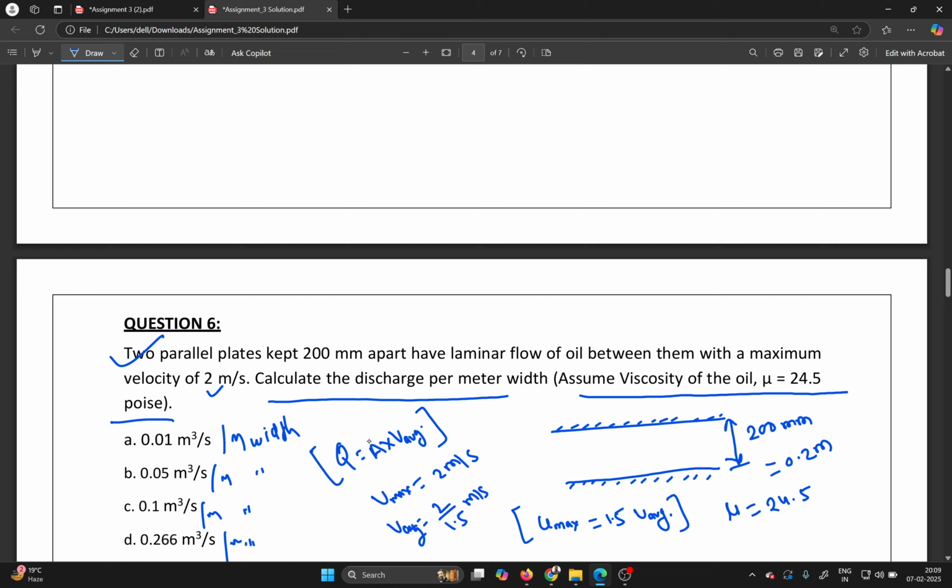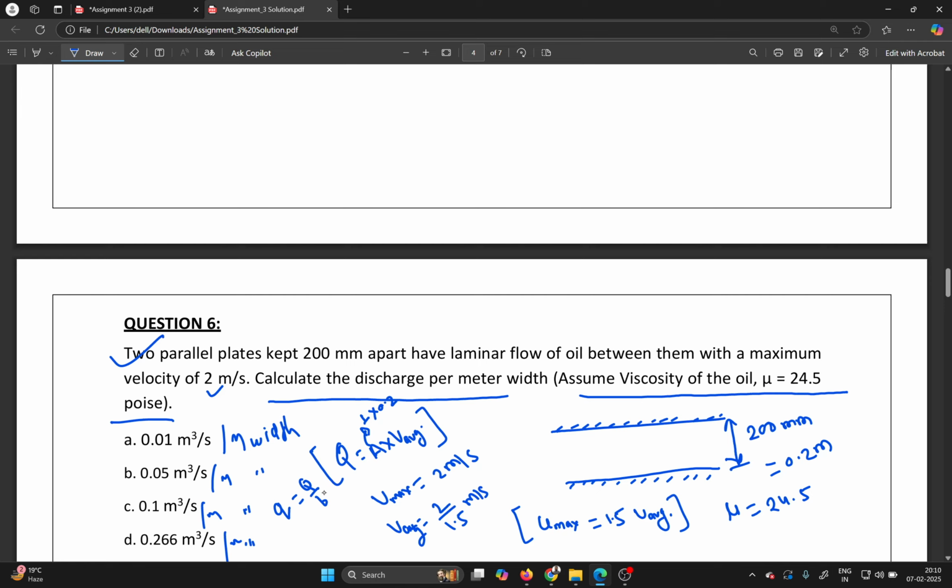So what is the area? You know already, the area of cross section means width. Width is given as 1 meter, since it talks per meter, and the depth is given as 0.2 meter. Or you can say small q is capital Q by b.